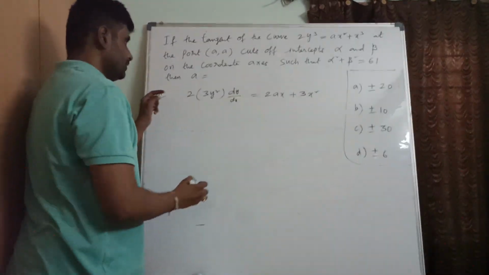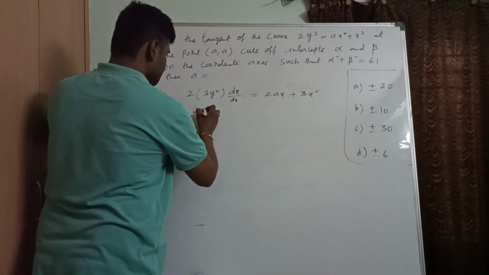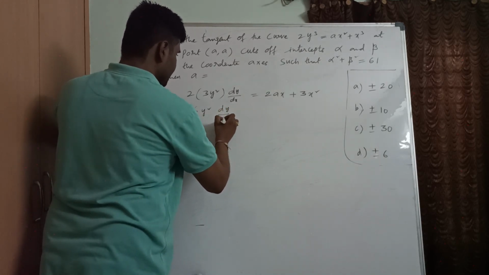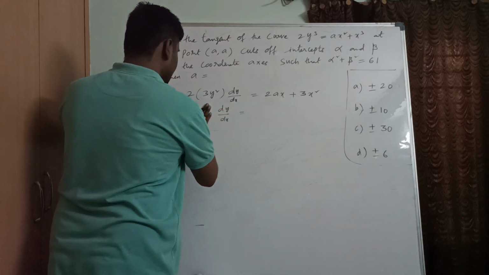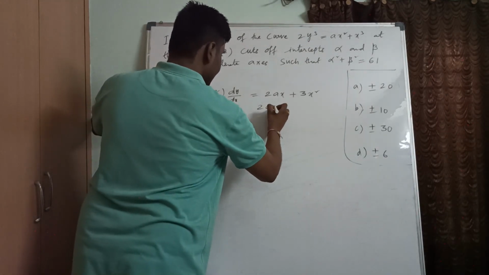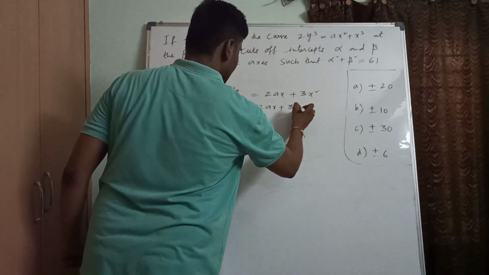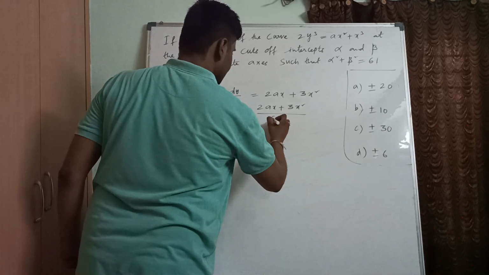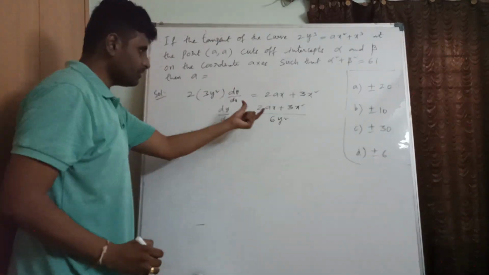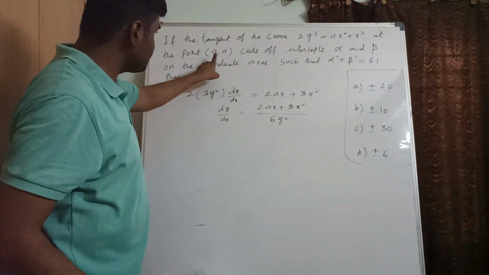So now 6y square dy by dx equals 2ax plus 3x square, so dy by dx is 2ax plus 3x square by 6y square.